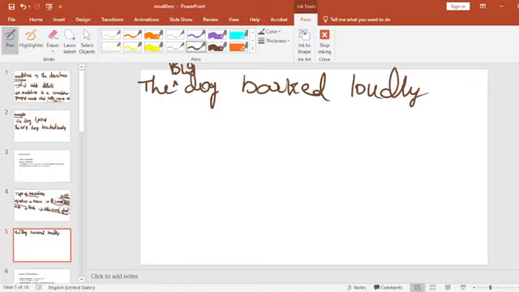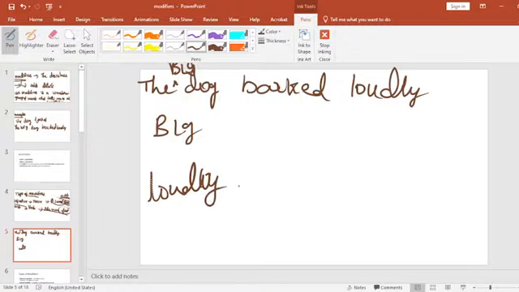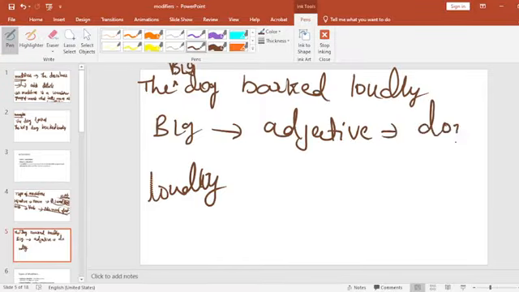Can anyone of you guess where these modifiers are used in the sentence? Any guesses? I'll tell you. One, the big. Second one, loudly. While big is an adjective, it is modifying how the dog looks.